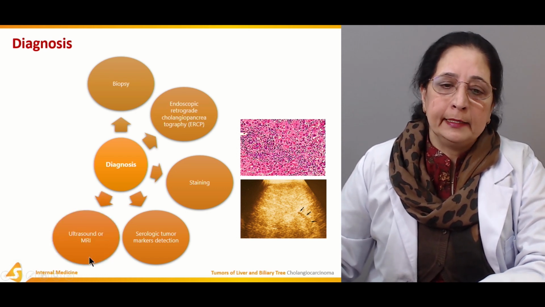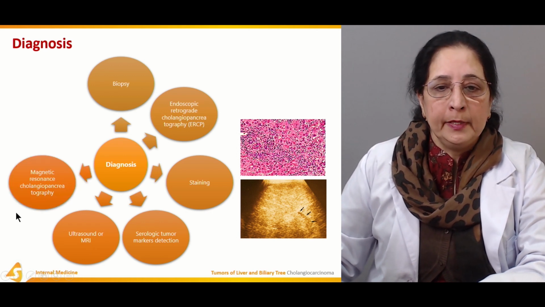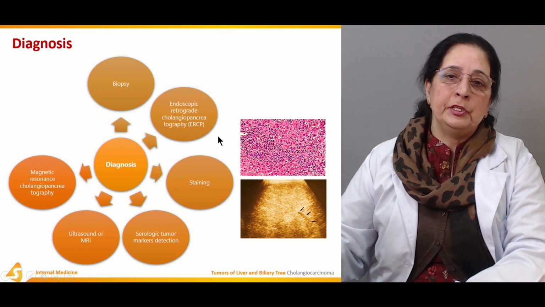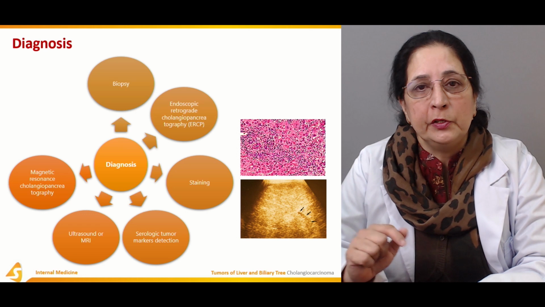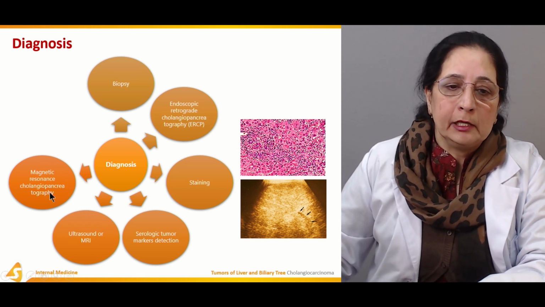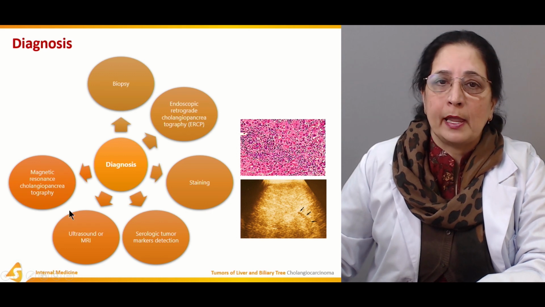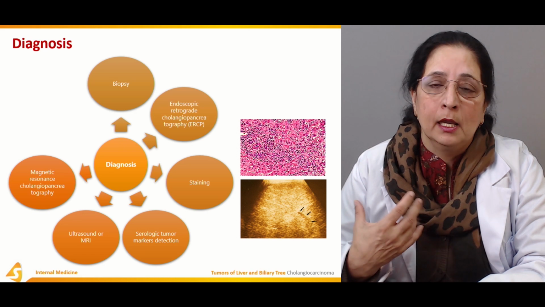Ultrasound or magnetic resonance imaging. Then we have MRCP, like ERCP, which is endoscopic retrograde cholangiopancreatography. MRCP is magnetic resonance cholangiopancreatography. Graphy is the recording.